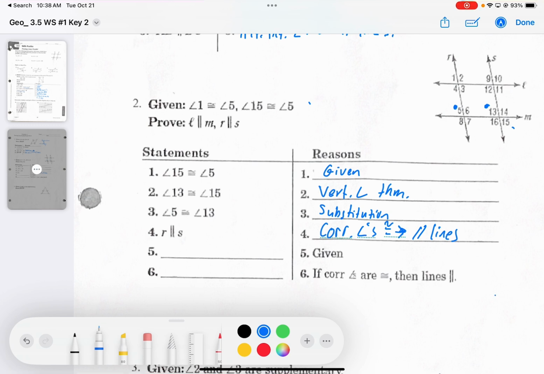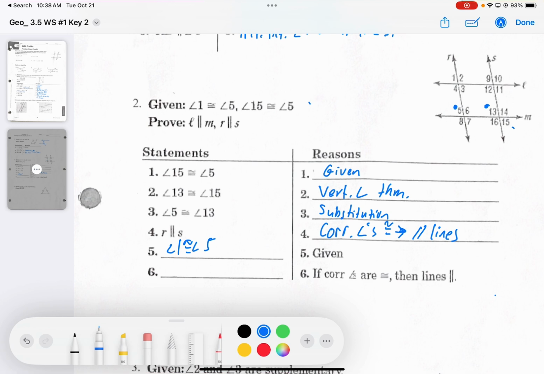All right, and then 5, your reason is given. Weird practice, right? Usually we list all of our givens first. They did it later in the proof. Whatever. What's our other given statement that we didn't use? Good. Angle 1 is congruent to angle 5. So that's our other given. And then the last one, we have to fill in the statement, and it talks about corresponding angles.